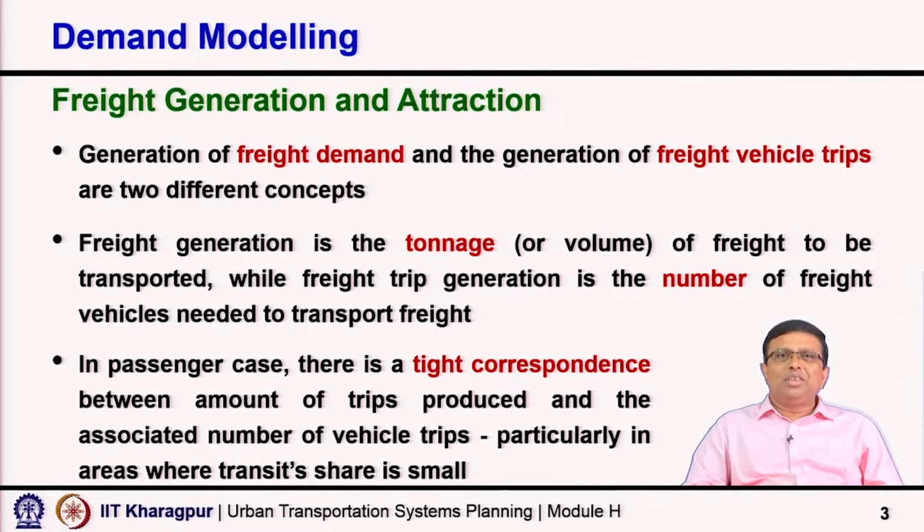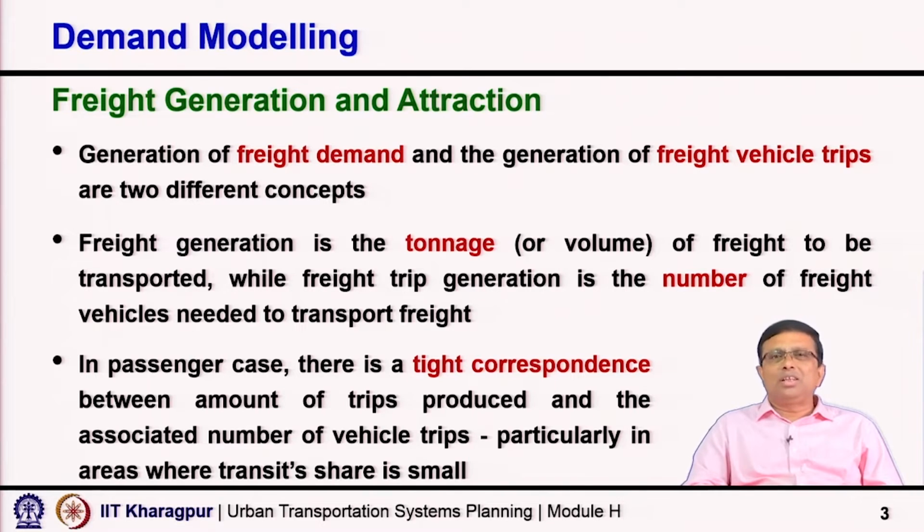When we talk about passenger transport, how many people want to travel and how many vehicles there will be, generally there is a tight correspondence. I gave an example: if public transport is not so well developed, and people travel by personalized vehicles like cars, then during work trips the average occupancy will normally be 1.1, 1.2 or 1.3.